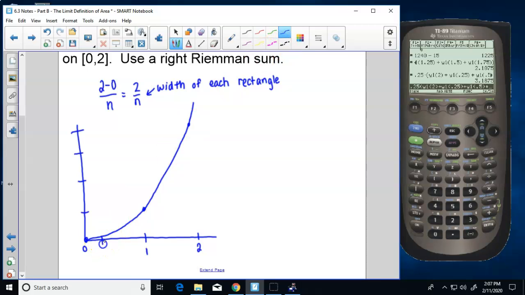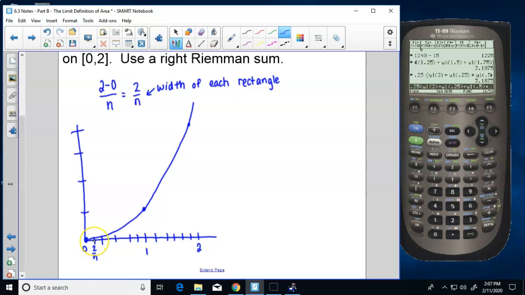Obviously I've got to put a finite number of these here, but this could be any number. So we're going to split, assume they're all even, although my marks are not very even here. If the width of each rectangle is 2 over n, this first rectangle has the width of 2 over n, right?